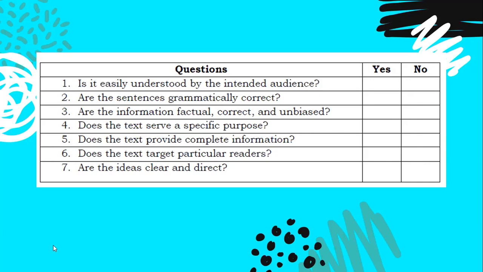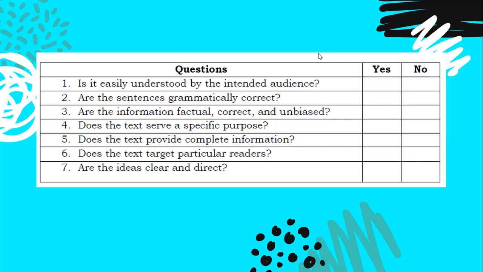Number one, let's see if you all have the same answers. Is it easily understood by the intended audience? Yes or no? By the way, who are the intended audience? For whom is this written? Why did they write this? For the reader.